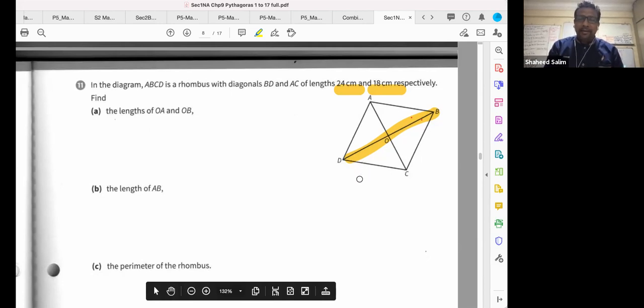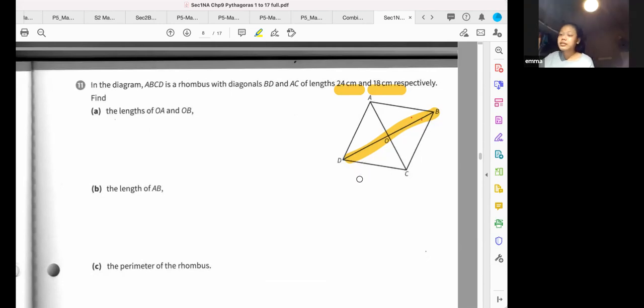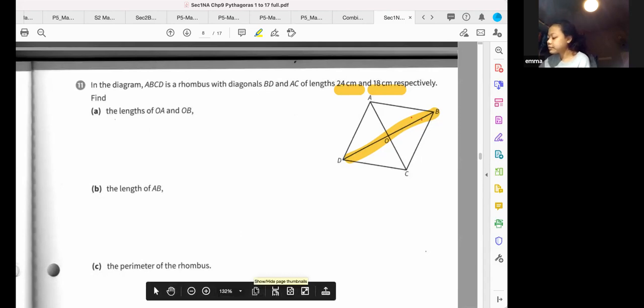AB then, AB. We try AB. Fifteen. 15, well done.